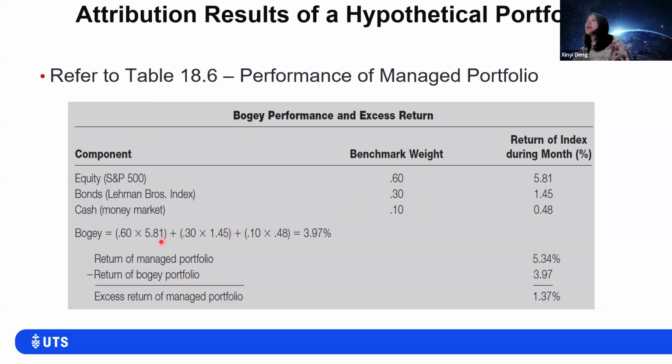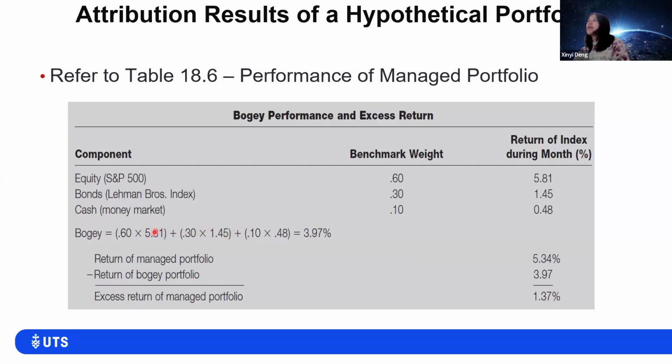For the bogey, we know that the benchmark weights of each component are 0.6, 0.3, and 0.1 separately. 0.6 corresponds to the equity market, 0.3 corresponds to the bond index, and 0.1 corresponds to the money market.